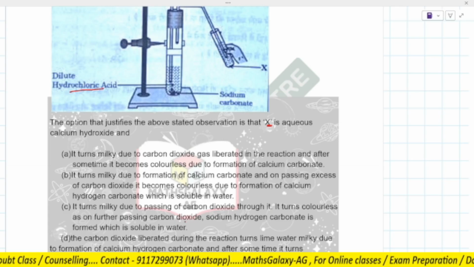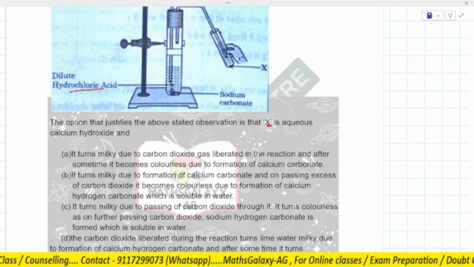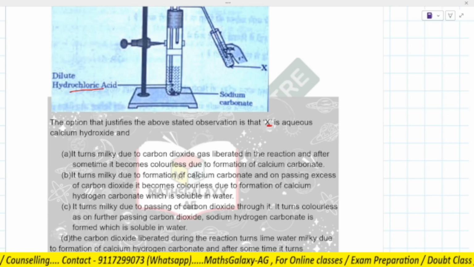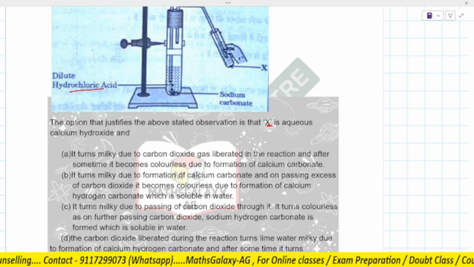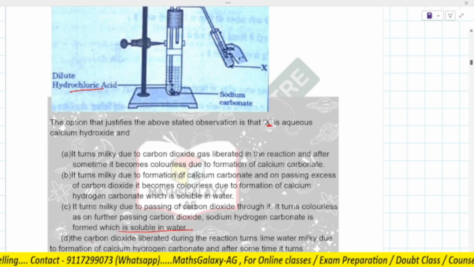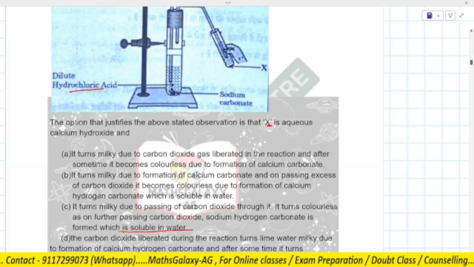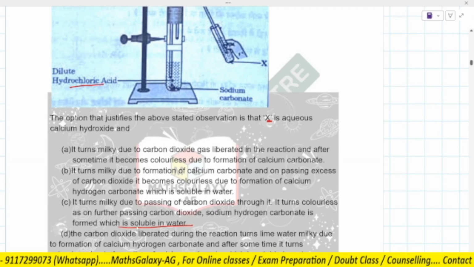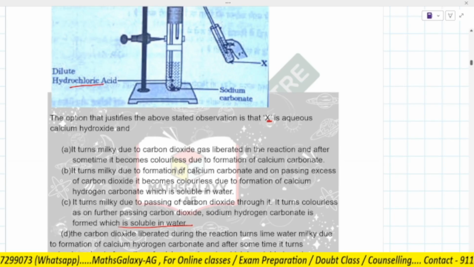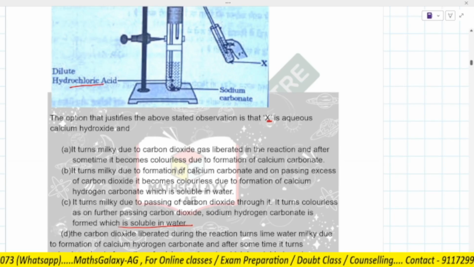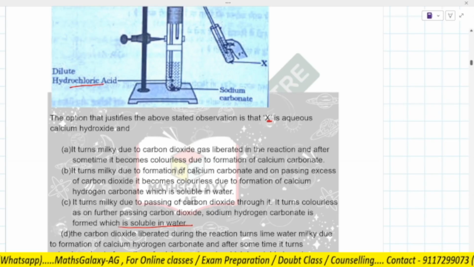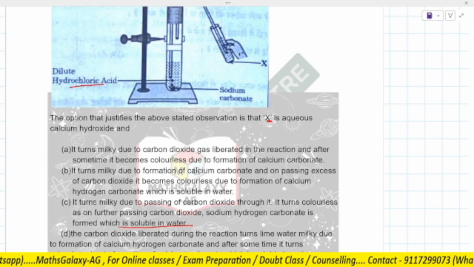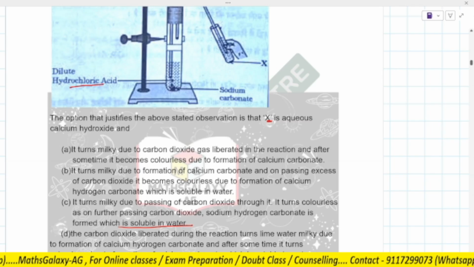It turns colorless on further passing carbon dioxide, as sodium hydrogen carbonate is formed which is soluble in water. Fourth: the carbon dioxide liberated during the reaction turns lime water milky due to the formation of calcium hydrogen carbonate, and after some time it turns colorless due to the formation of calcium carbonate which is soluble in water.